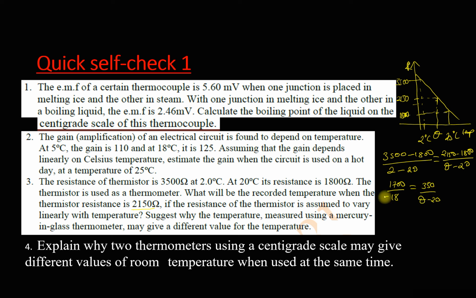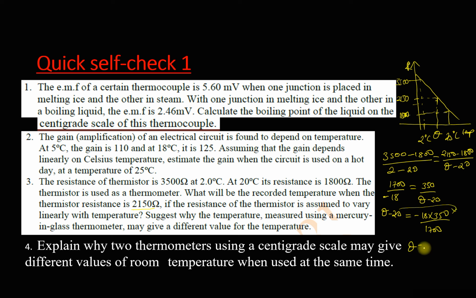So we just cross multiply. So theta minus 20 equals negative 18 times 350 divided by 1700. We take the minus 20 to the other side, it becomes plus.